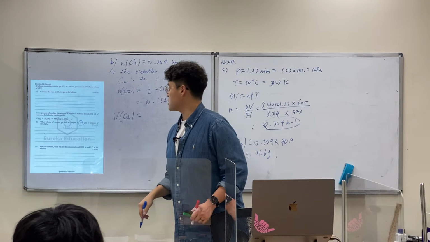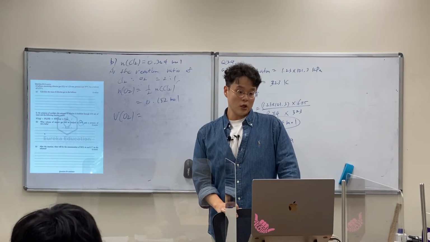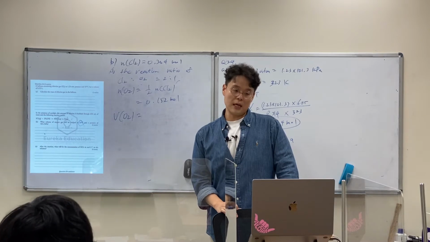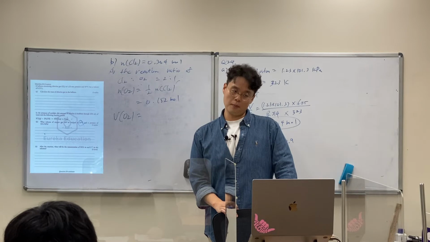So what you just need to find from here is the volume of O2, as we have 25 degrees Celsius and a pressure of 101.3. I think you should use the ideal gas law for this one because it's 1 atmosphere, not 100 kilopascals.